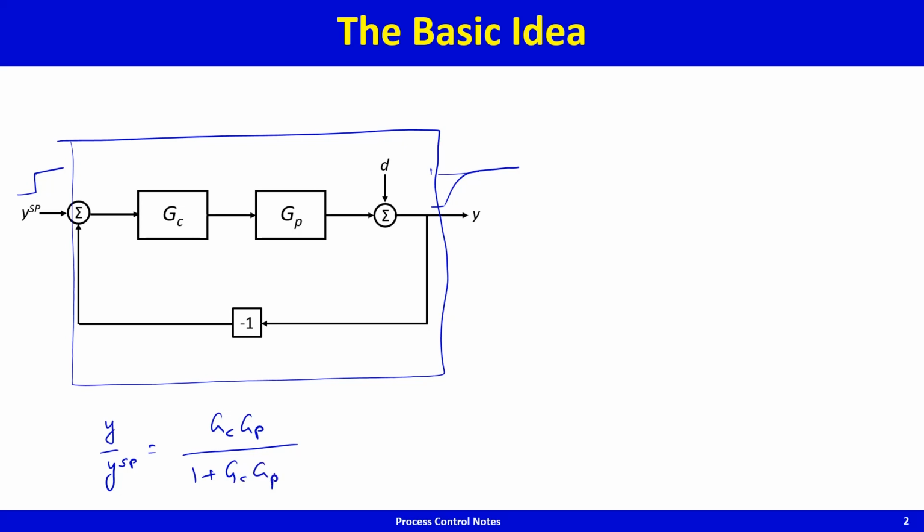And when I say for a given y set point I want a particular response, for example what I have drawn here is a first order lag, a simple exponential kind of response, that corresponds to specifying the closed loop transfer function.